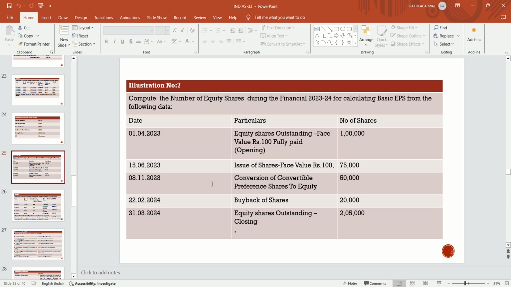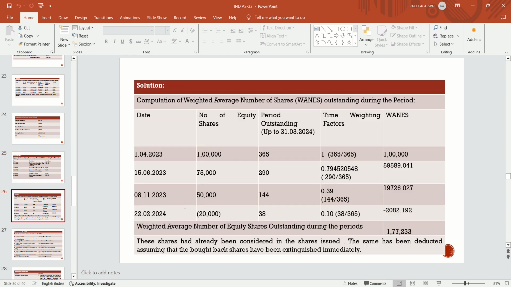But if the dates are like 8th February, like 22nd July, that means the dates are not whole months, then we will calculate the weighted average number of shares on the basis of the number of days.